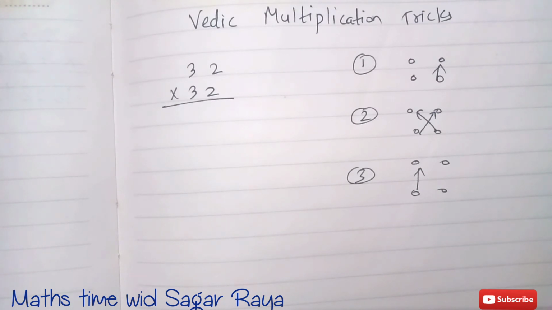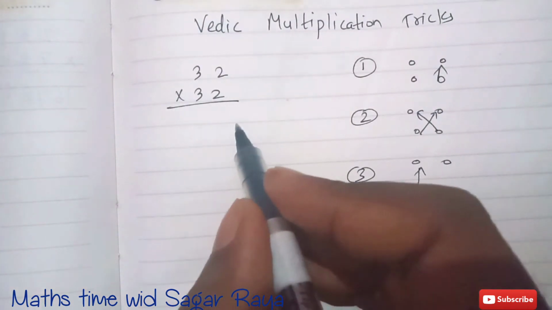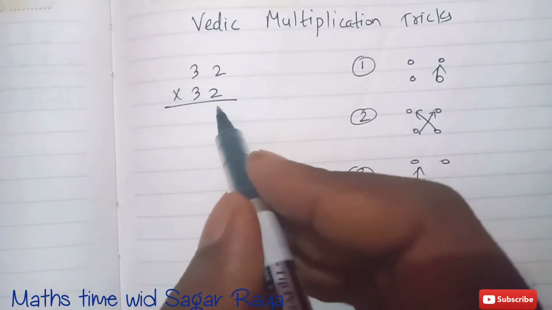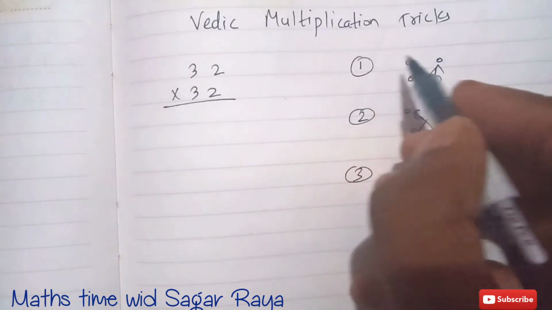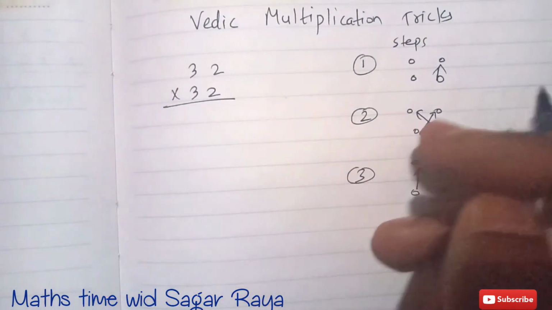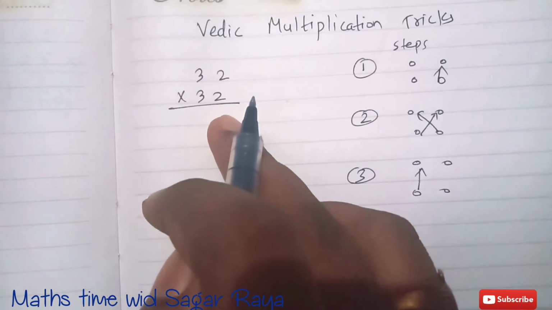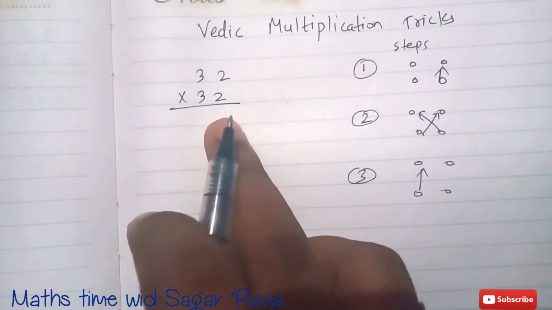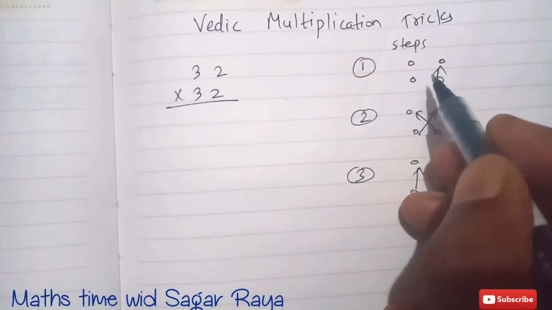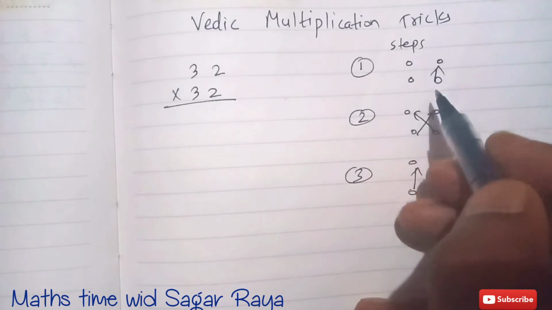Now without any delay, let's do some multiplications. On the screen you can see I have already written a 2-digit multiplication and I have written 3 steps. Using these 3 steps we can multiply in a very short period of time. In the first step we will multiply the right hand side digits.